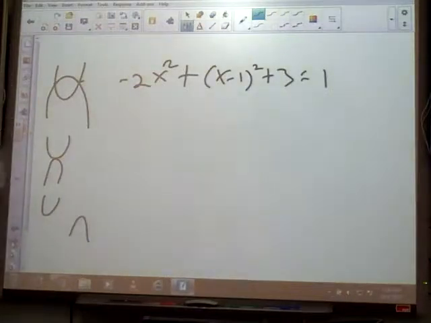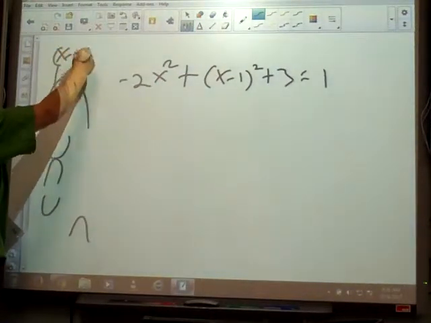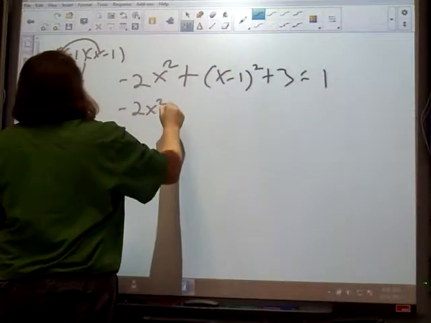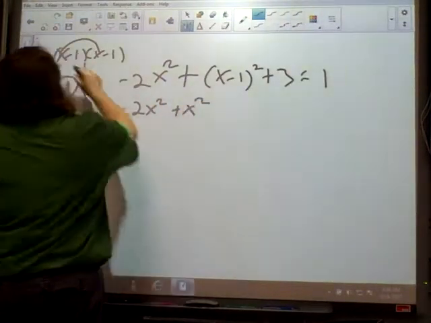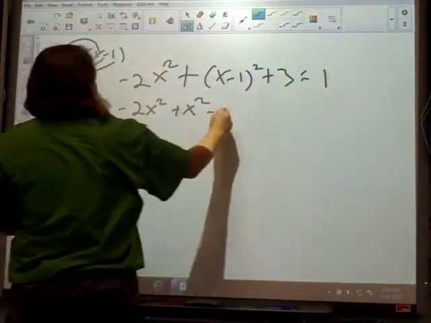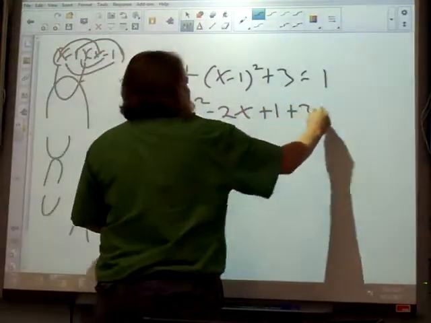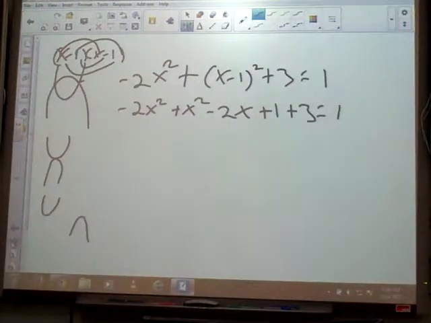Okay, with that x minus 1 squared, I have to write it twice and multiply it. So x minus 1 times x minus 1 gets me x squared, minus x and minus x is minus 2x, and then plus 1. Now I've got a couple of spots that have like terms.